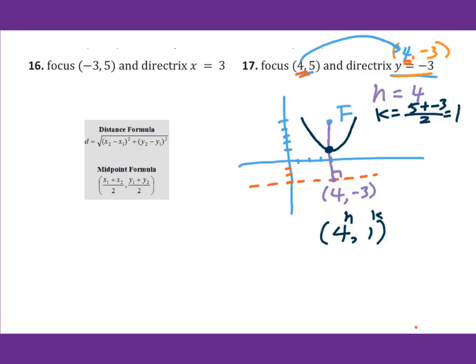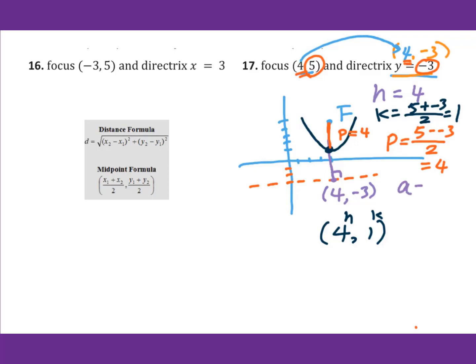You can get from here that p equals 4, this distance. Or you can get half of the distance from focus to directrix. I do 5 minus negative 3, then over 2 equals 4.